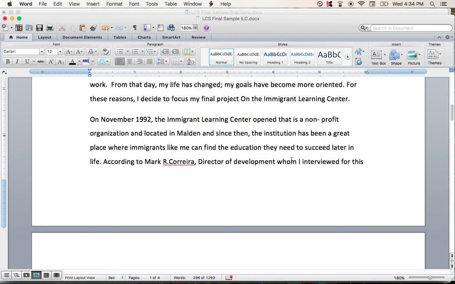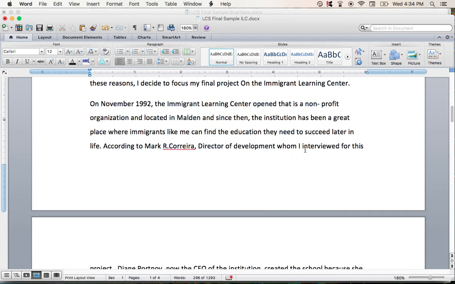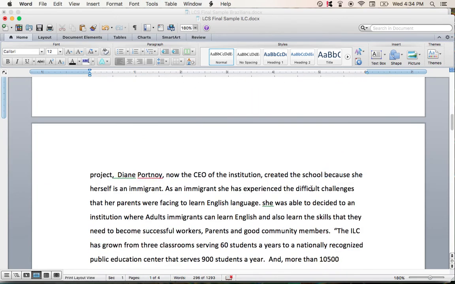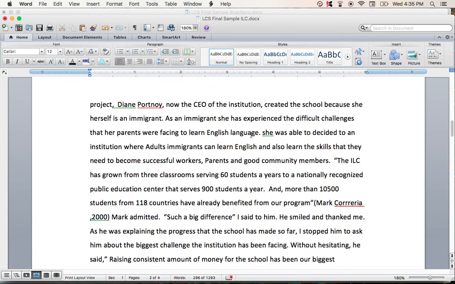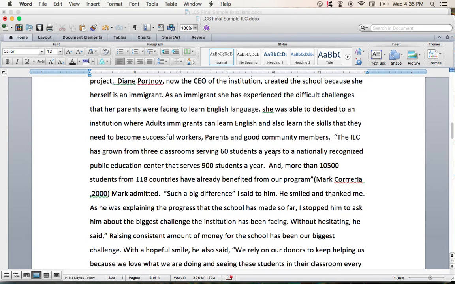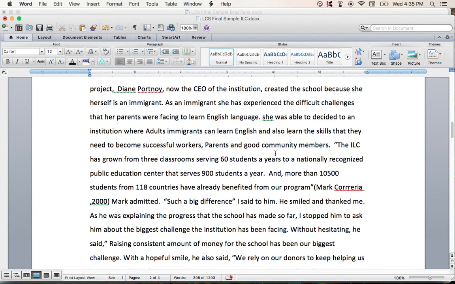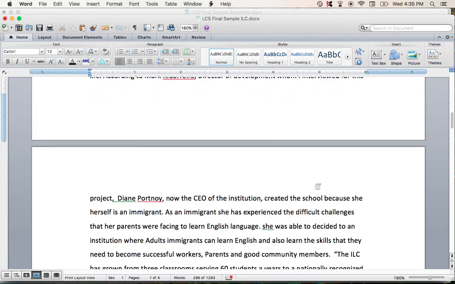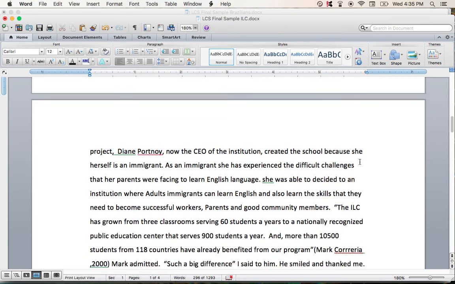So he interviewed somebody to find information about the past of the Immigrant Learning Center, and then he talks about how it was founded, the person who founded it, and he also gets some information about how it's grown over the years, what challenges it faces, and so on. So he puts in a lot of information that he got from an interview in this paragraph, including the past of the organization, long before he encountered it for the first time.